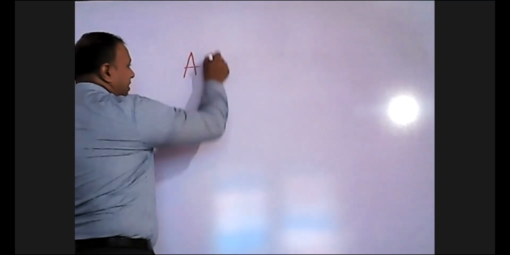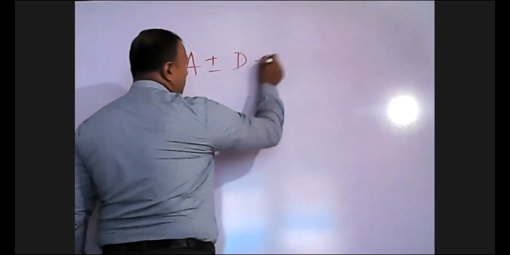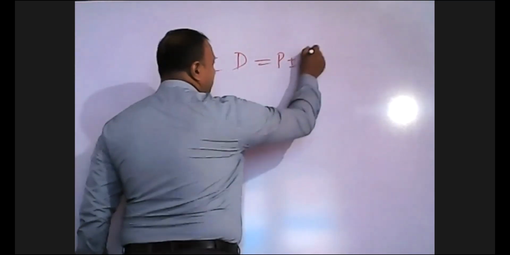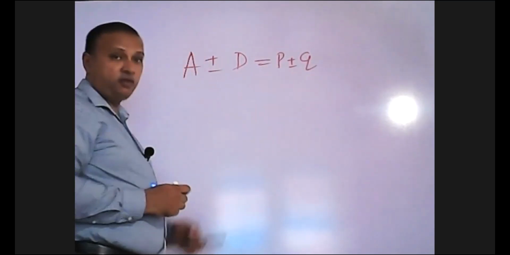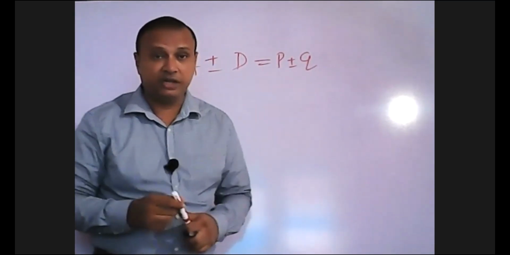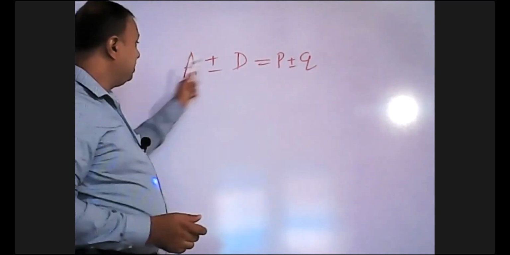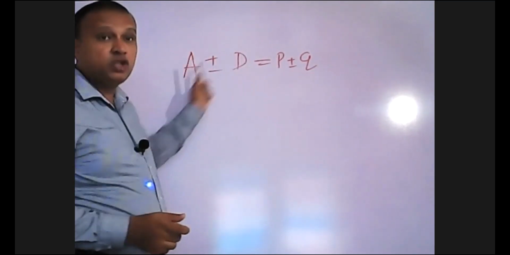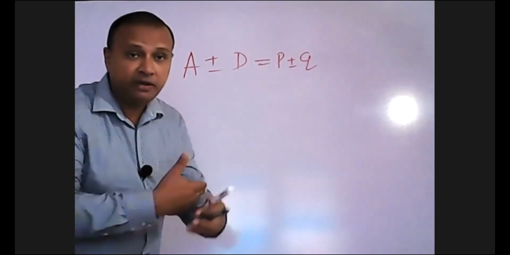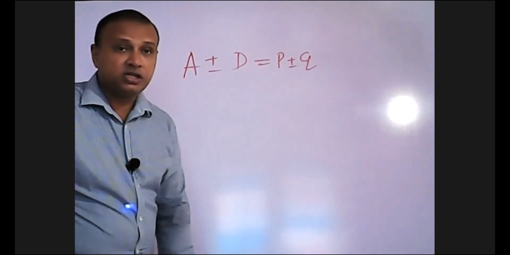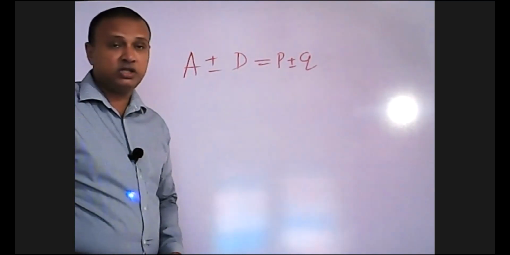Yes, very good. So if there is an addition or subtraction in an equation, the two physical quantities which are combined with addition or subtraction should have the same dimension.